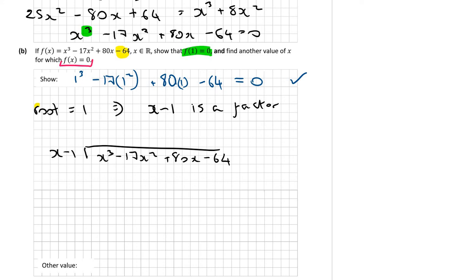So just doing some division, x into that goes x squared. Times both of those gives you x cubed minus x squared. Change the signs and add, and you're left with minus 16x squared, and bring this down, plus 80x. x into minus 16x squared gives me minus 16x. Then I multiply that in.